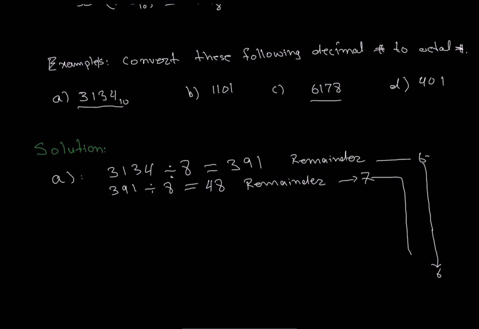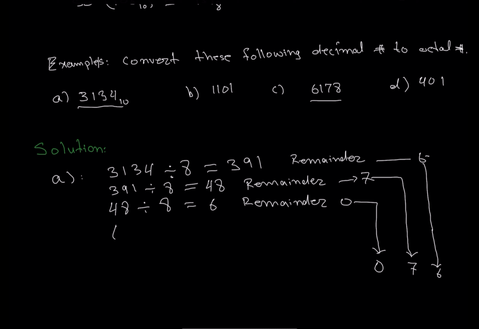Bring that 7 down also. Now we have 48 as a new quotient. Divide that by 8. Now we will get 6. 48 divided by 8 is 6, correct? Remainder is 0. Bring that 0 down.